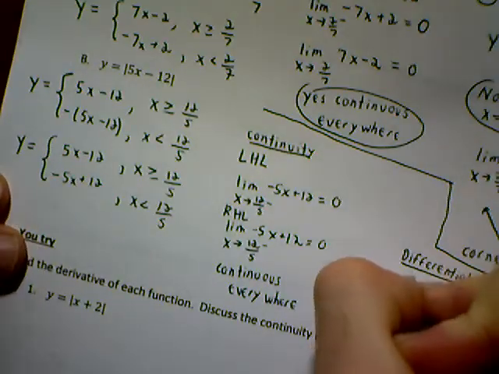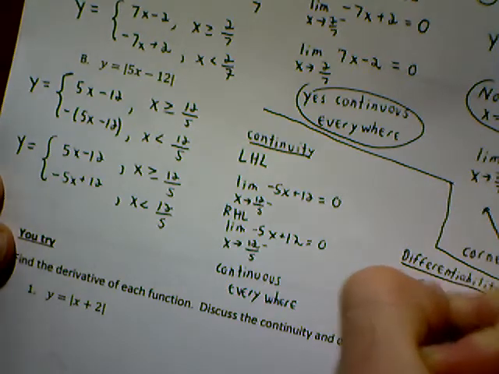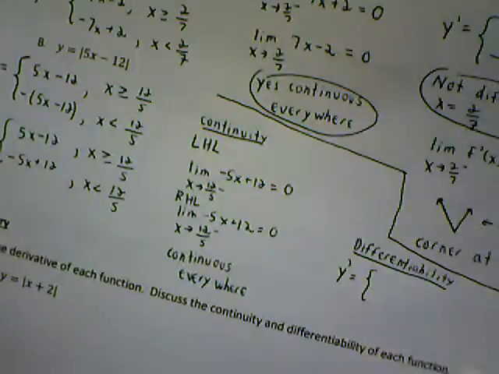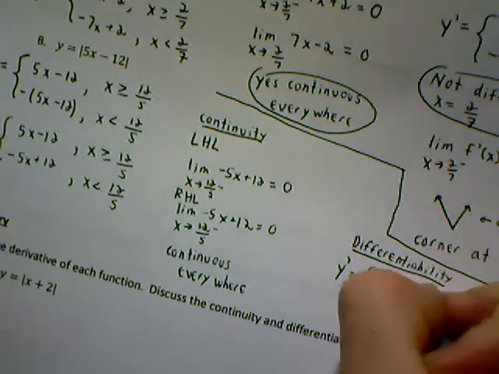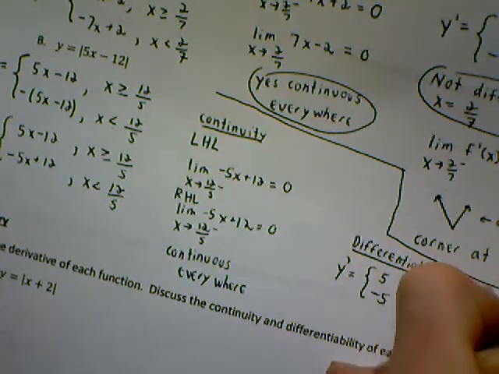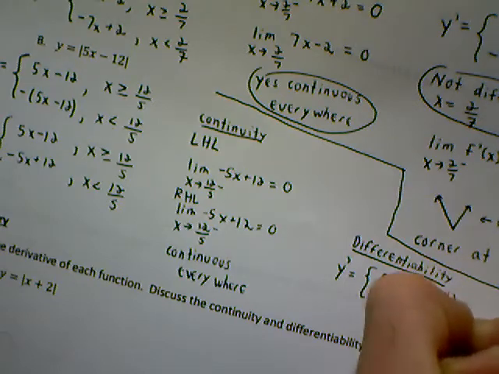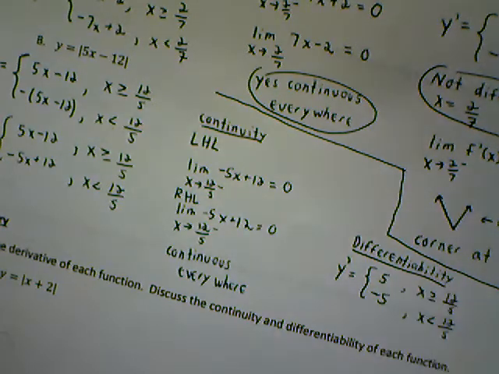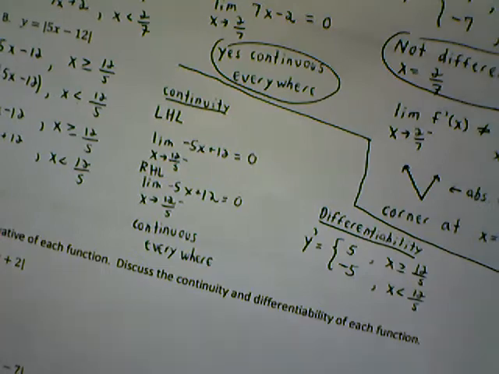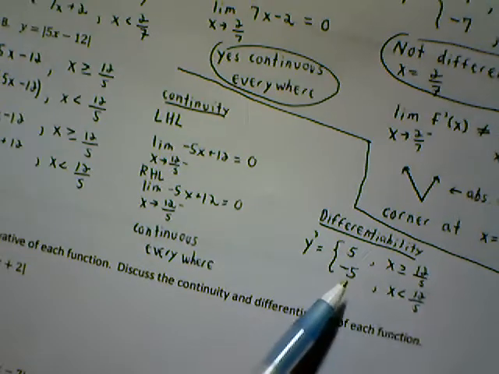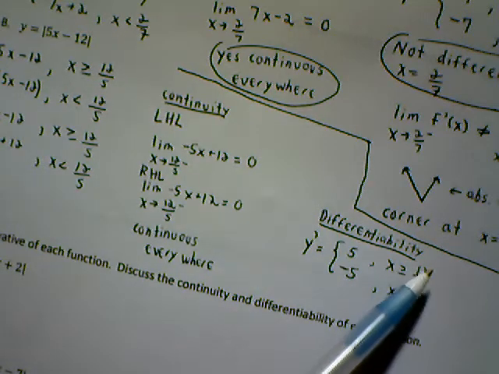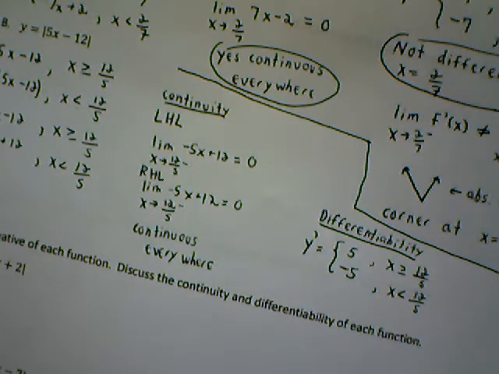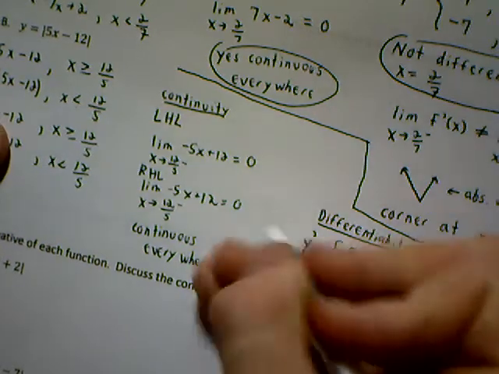So y prime is going to equal 5 and then negative 5, when x is greater than or equal to 12/5 and when x is less than 12/5. So I see that the slope changes from 5 to negative 5 at 12/5. So at 12/5, the function is not differentiable, and there will be a corner here.